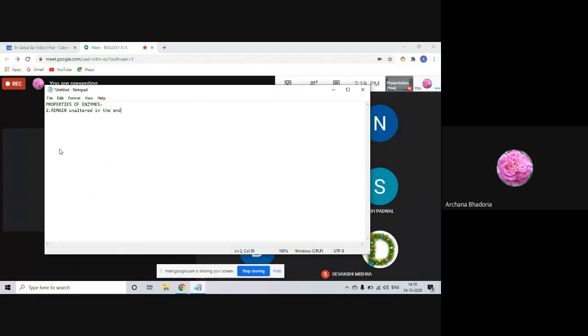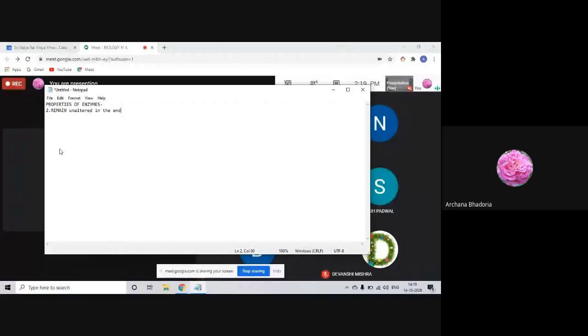Provides for weak associations due to side groups of the amino acids within it. Written, everyone?